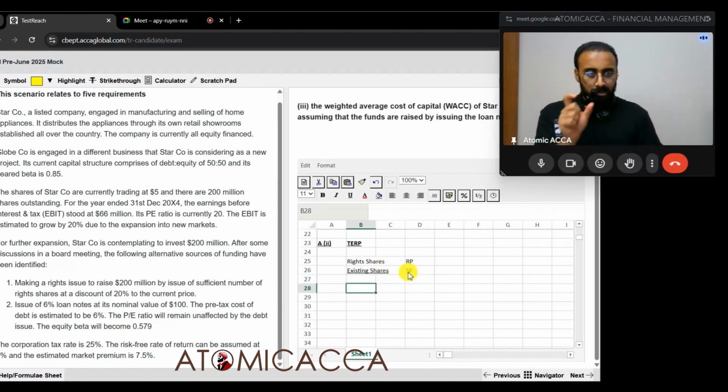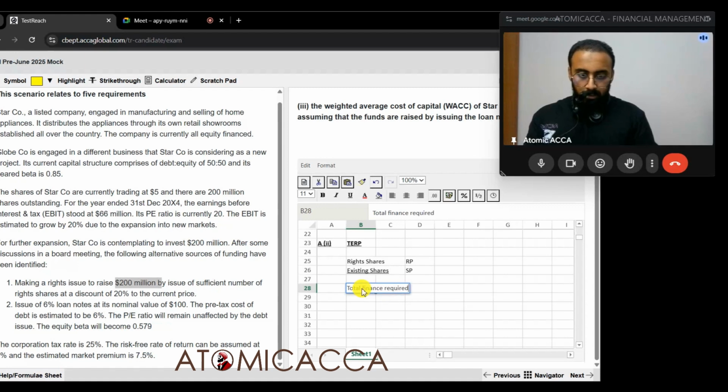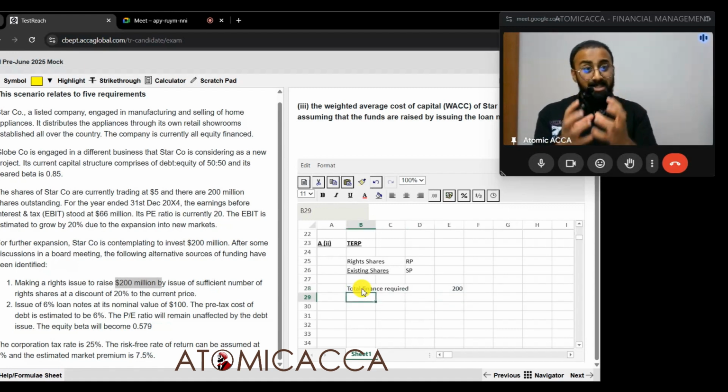Now I have to find out what figures are required over here. First, the company wants to raise 200 million. So the total finance required is equal to 200 million. What is the existing share price?